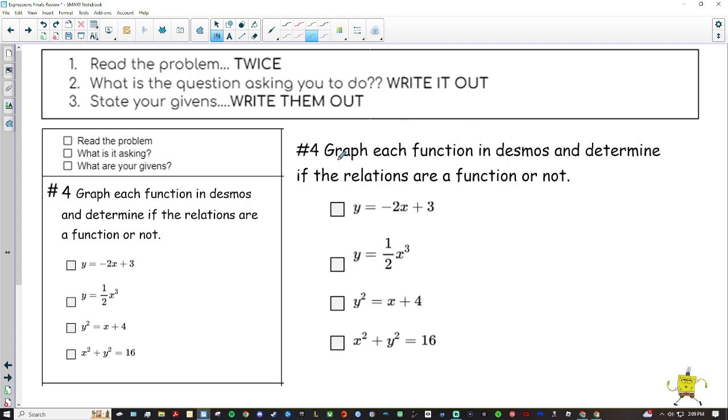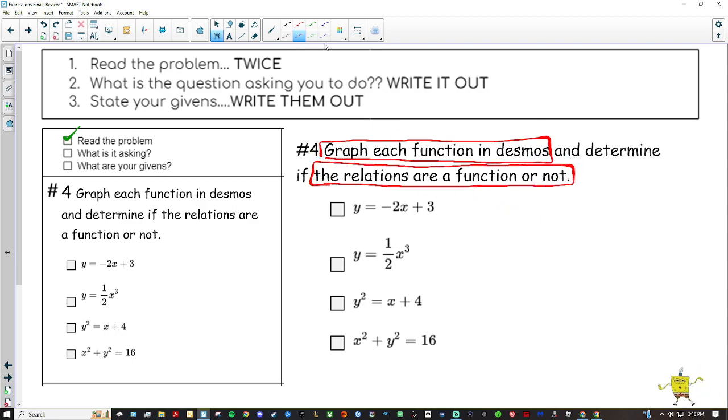Okay, graph each function in Desmos and determine if the relations are functions or not. So we are done. What is it asking? It is asking us to graph the function in Desmos and then to determine if the relations are a function or not.